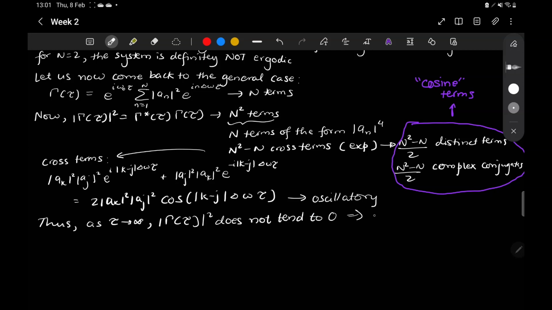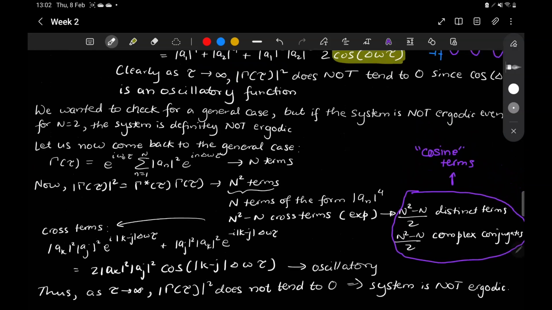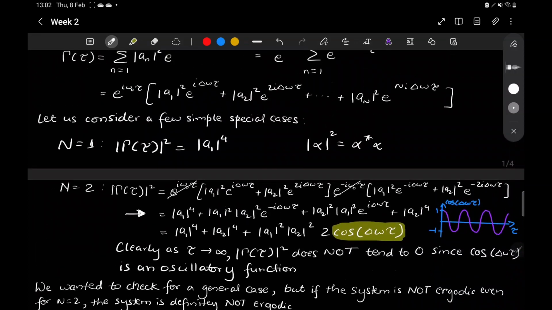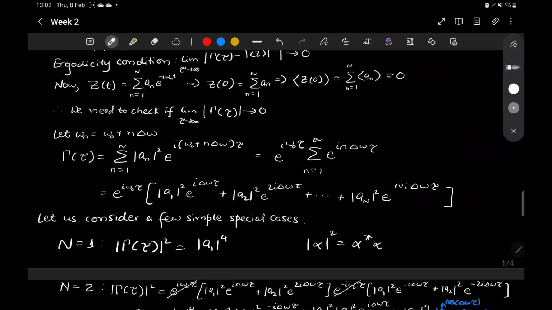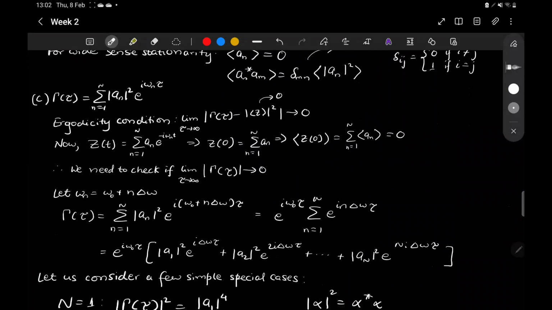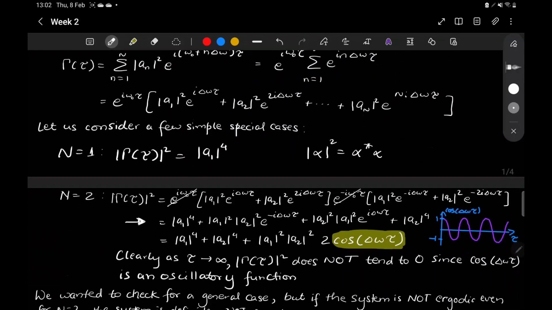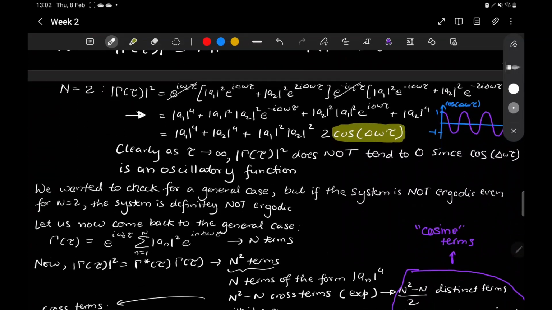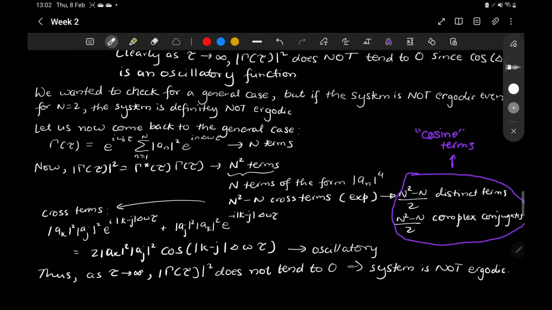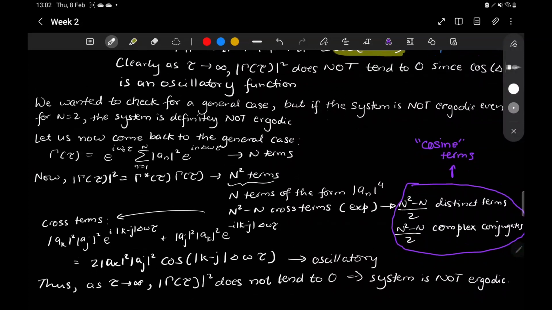So this means that the system is not ergodic. I hope this is clear. There were a lot of algebraic steps involved over here, so take about a minute to digest this. If you have any questions, please feel free to ask. Just try to understand what we have just now seen.